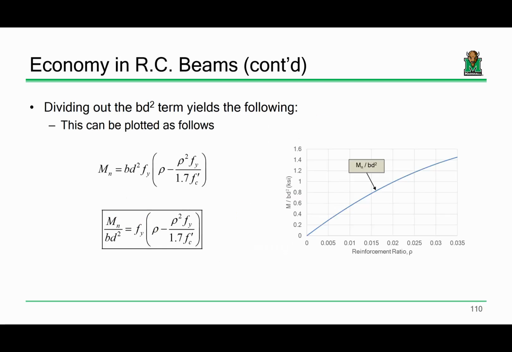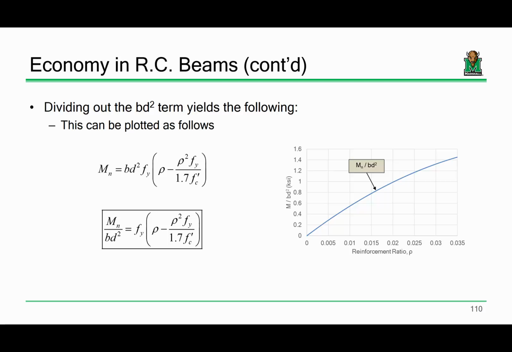Why is that important? Well, I can divide out this term BD squared, and so I can sort of normalize this and sort of take out, if you will, the parameters related to the beam's dimensions. In other words, this Mn over BD squared is sort of a normalized expression of the beam's capacity where you've taken out the effect of how big the beam is.